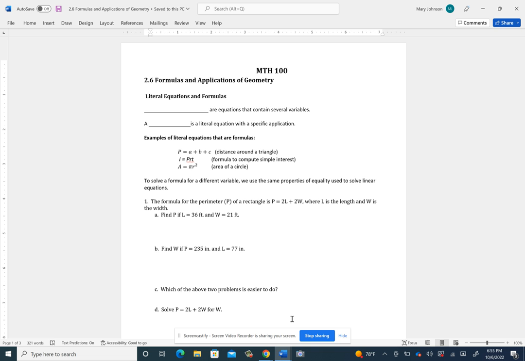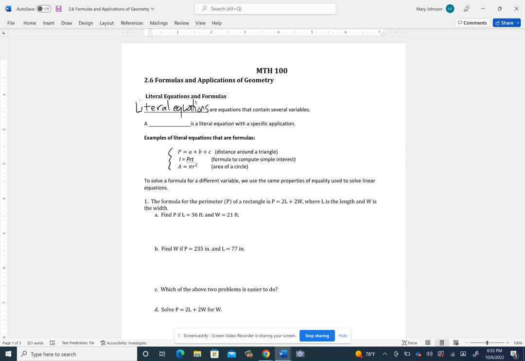Okay, so literal equations are equations that contain several variables. You see down here, I have 3 literal equations, but those are also formulas because they have a specific application.